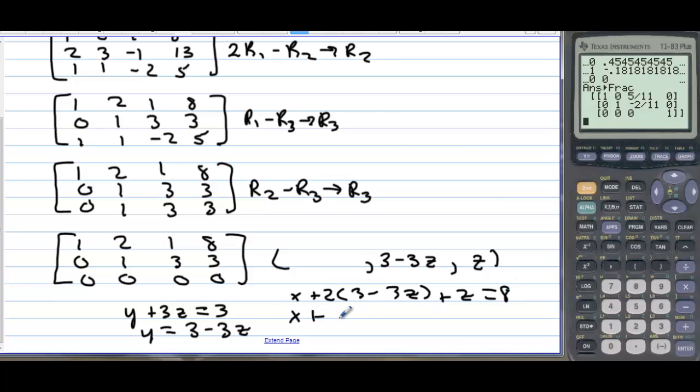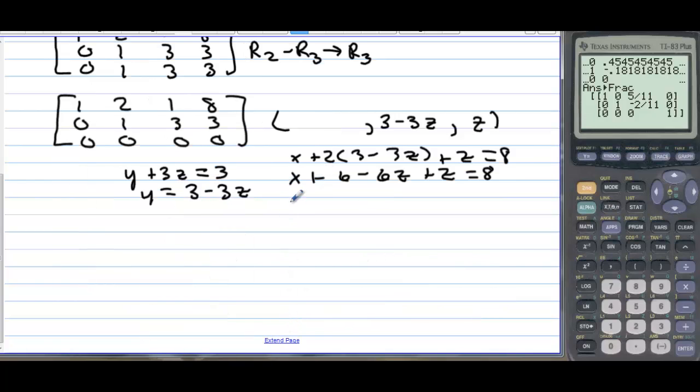So we have x plus 6 minus 6z plus z is equal to 8. We have x, let's see, minus 5z is equal to 2. So x is equal to 2 plus 5z.